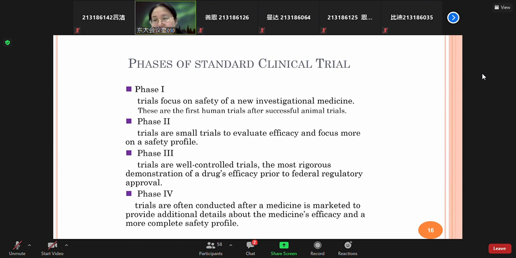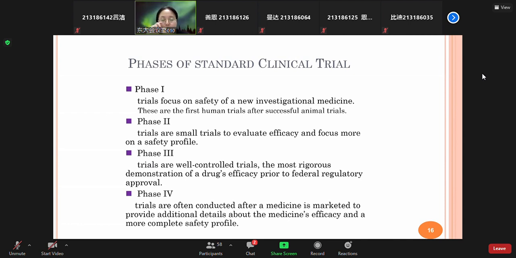Because in a clinical trial, the patients may be exposed to some risk, that's why, as a government, we have to determine some regulation to protect the benefit of patients. So that's why we call clinical trial standard or formal.